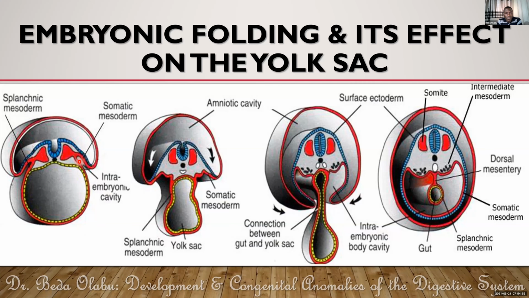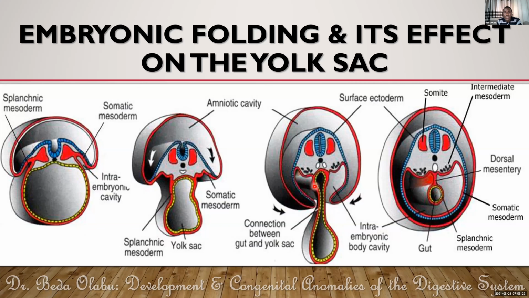I want us to focus on the lateral plate mesoderm. It has somatic layer and splanchnic layer. As the yolk sac is being incorporated, see what happens. So that you incorporate the gut tube into the baby, we will see that the gut tube is lined by endoderm inside, followed by splanchnic mesoderm outside.